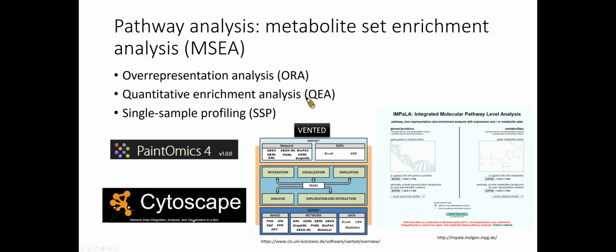While the two previous methods are suited for studies involving a large number of samples, single sample profiling can be used at the sample level. The input data for SSP analysis is a list of normalized metabolite concentrations in a common biofluid, tissue, or cell type, and a database with the normal concentration range of these metabolites in the sample.